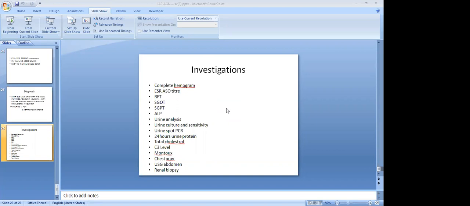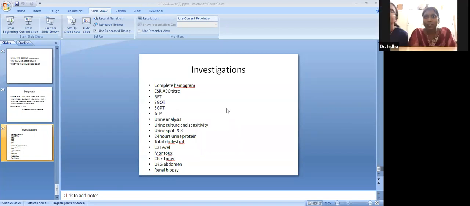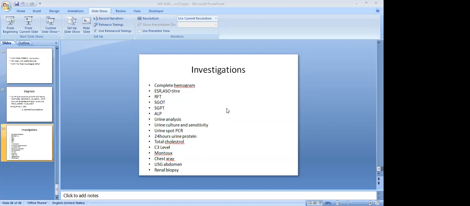So how much will you give? What will you give? Okay, so you want to give 4 mg per kg per day of furosemide in 2 divided doses.